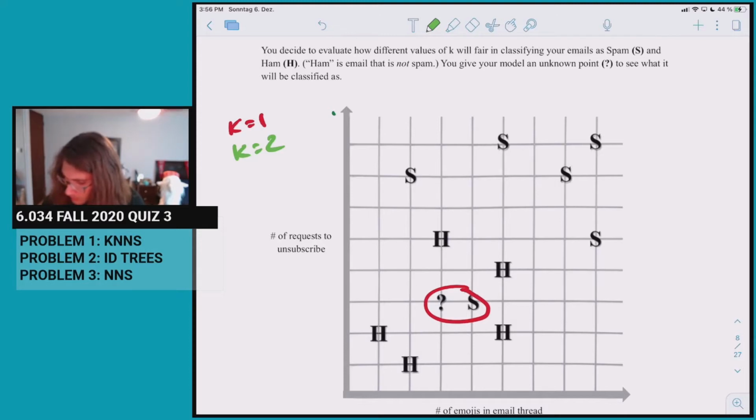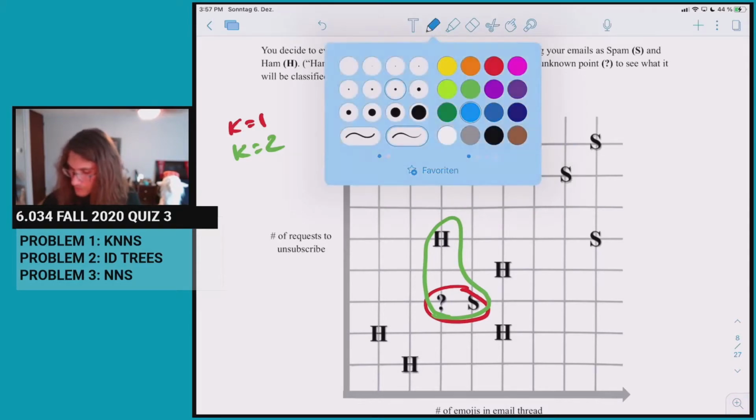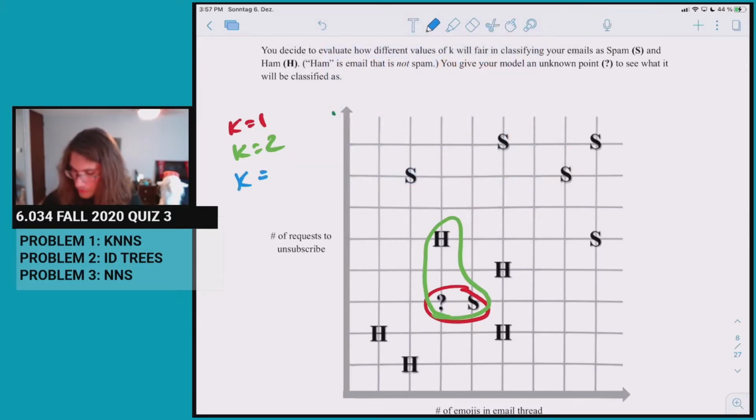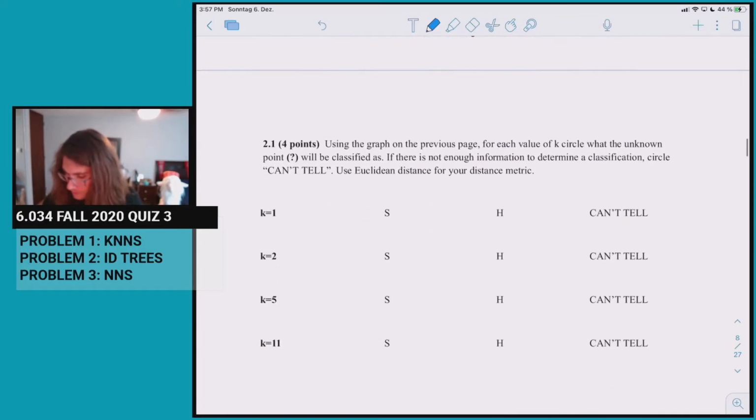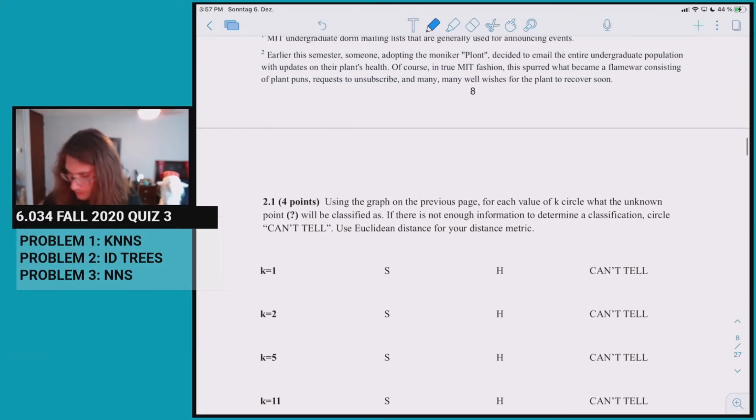So this could be, whoops, not that set. Apologies. It would be this one. This has shorter Euclidean distance to the point. And then let's go for blue. K equals, was it 5? Yep.